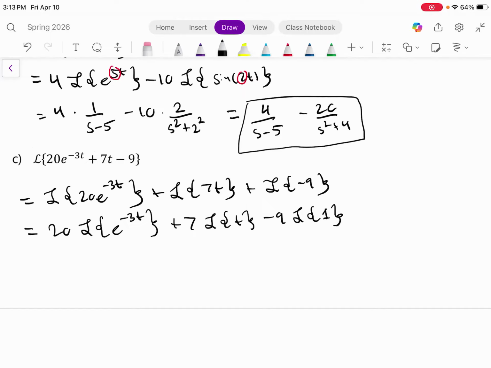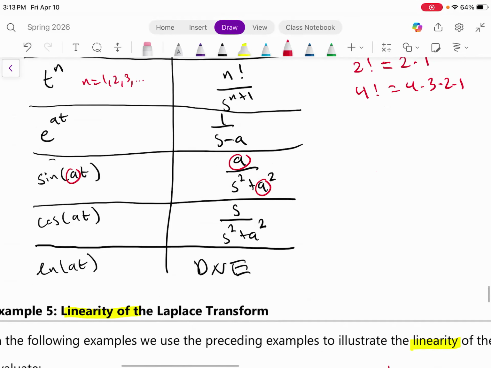And we just use a table. We have e to the negative 3t, so if you come up to our table, a is negative 3 here. So this is 1 over s minus negative 3.